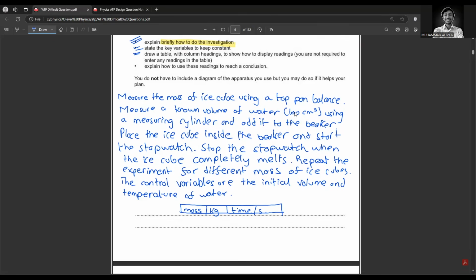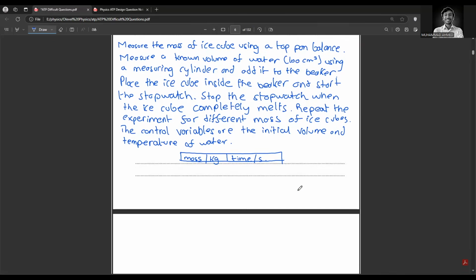Explain how to use these readings to reach a conclusion. Again, you can write 2 points here, and one point is preferable, the second point is an additional point. What will you say?